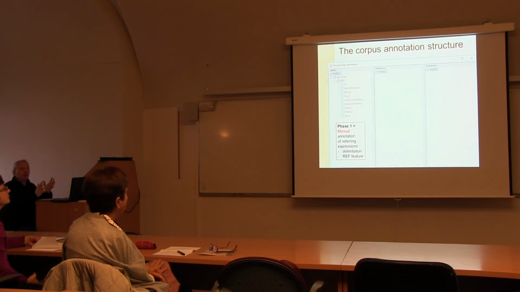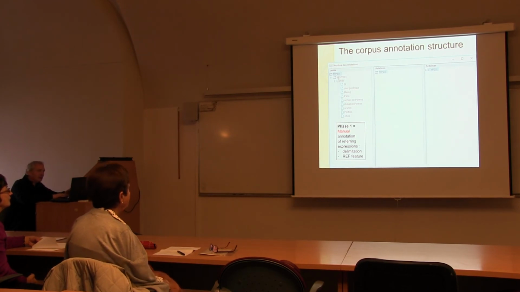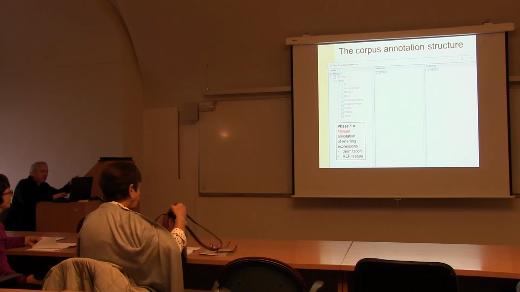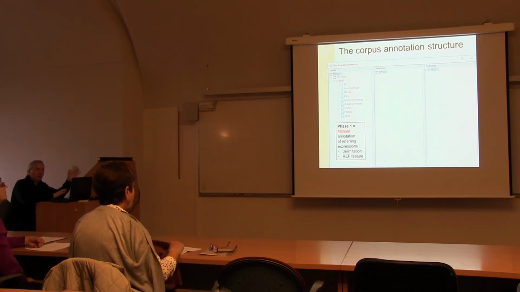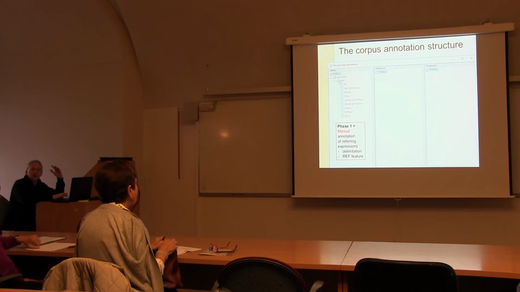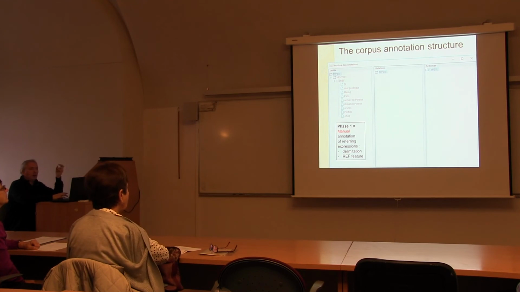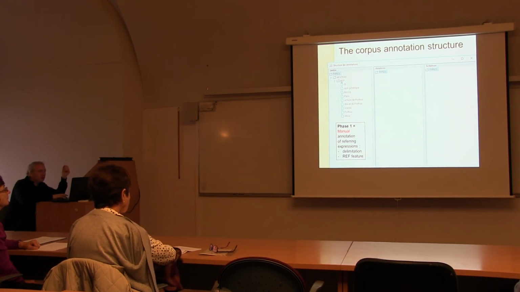In phase 1 of the annotation work, we annotate manually all the referring expressions that appear here as one type of unit called here mention. And for each of them, we annotate by hand an ID of the referent, an attribute called ref.